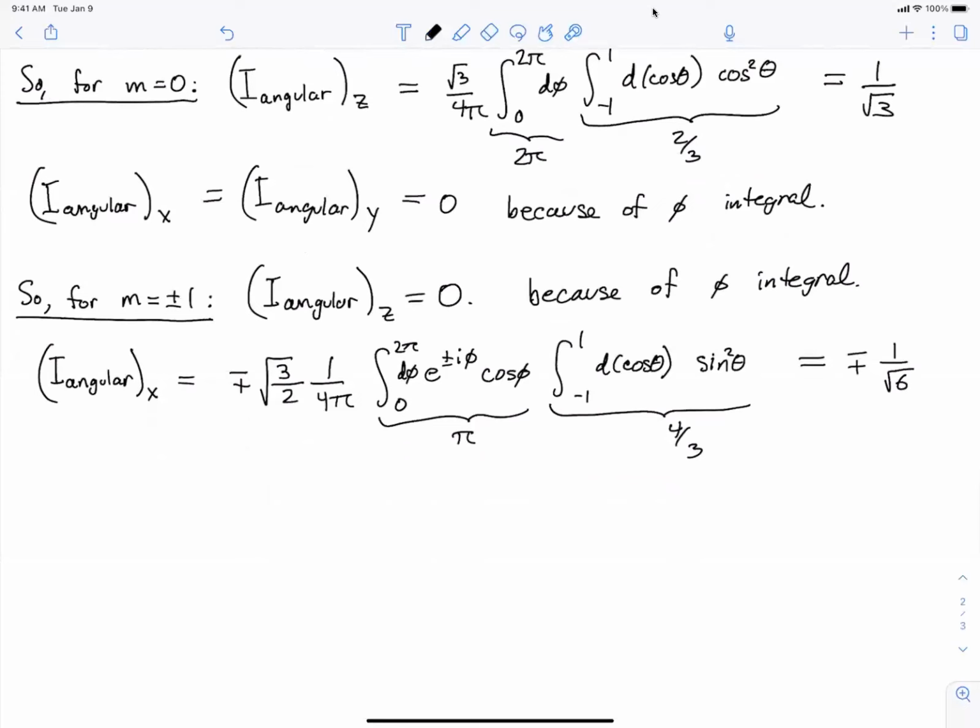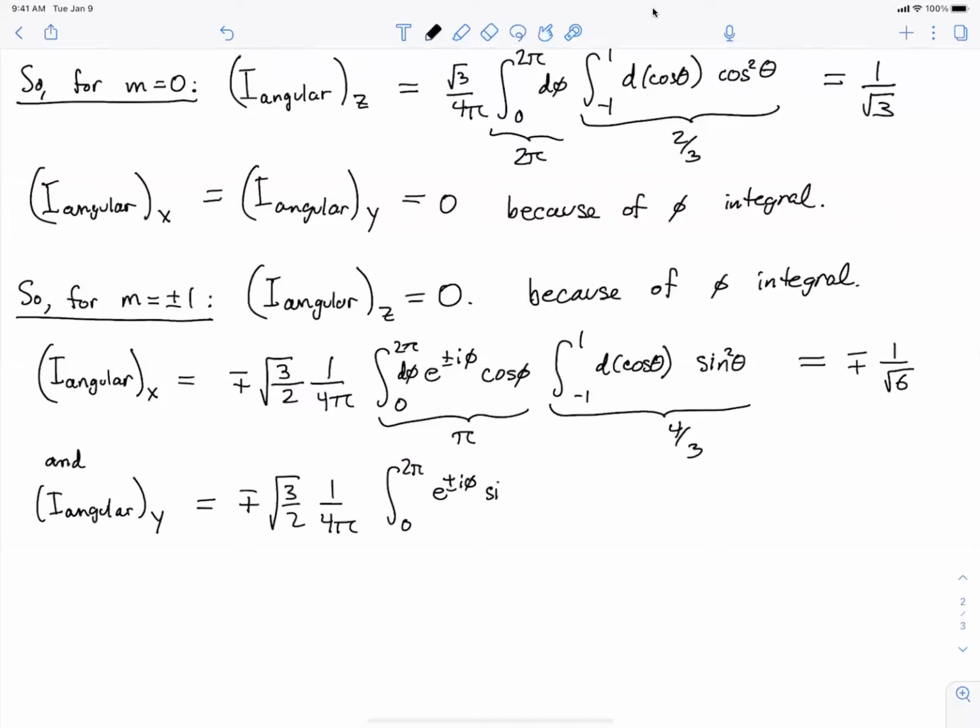Now the last thing we need to do is I angular y, which is minus over plus square root of 3 over 2, 1 over 4 pi. The difference is our phi integral has a sine phi in it rather than a cosine phi, but the rest of it's the same.